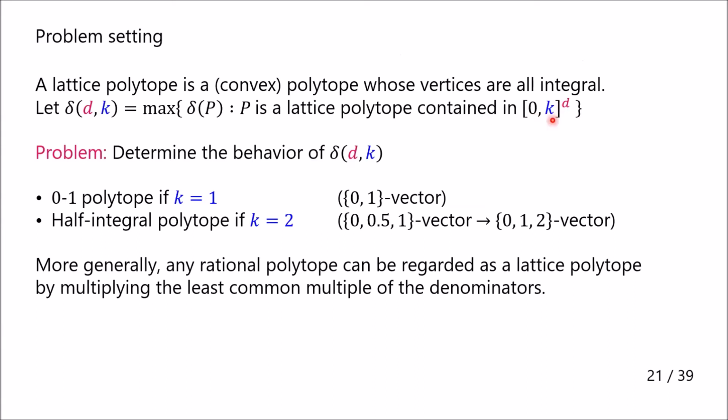The problem is to determine the behavior of this delta d,k. Important special cases are 0/1 polytopes and half-integral polytopes, which play an important role in discrete optimization. More generally, any rational polytope can be regarded as a lattice polytope by clearing fractions, I mean, by multiplying by the least common multiple of the denominators.